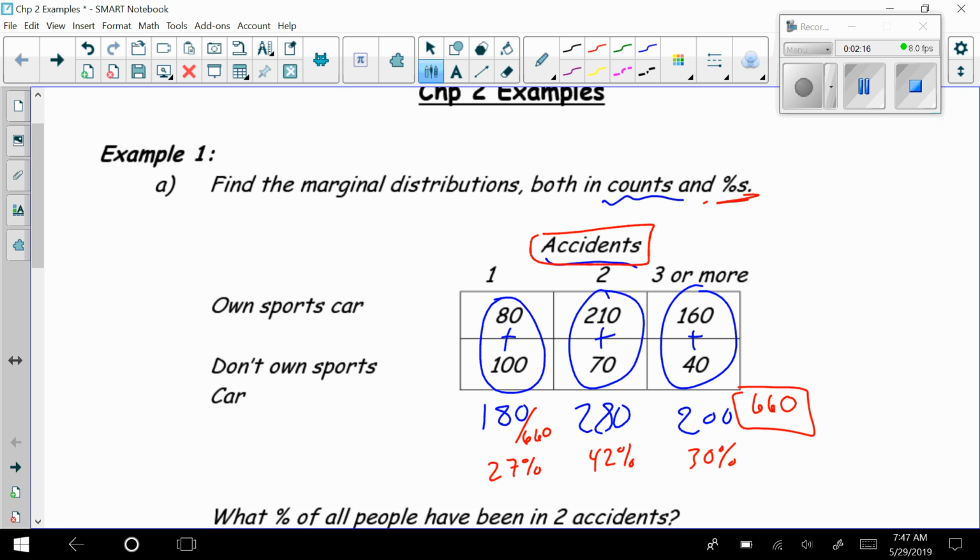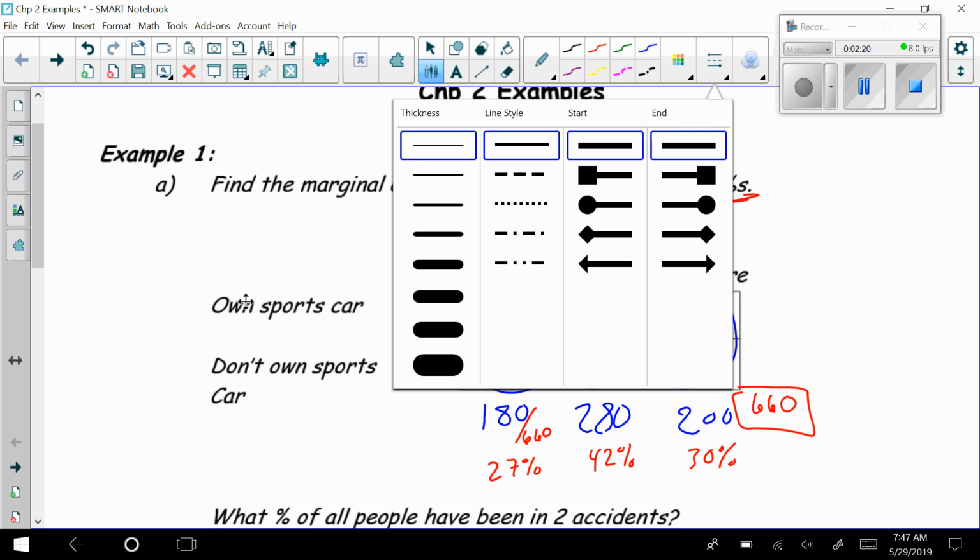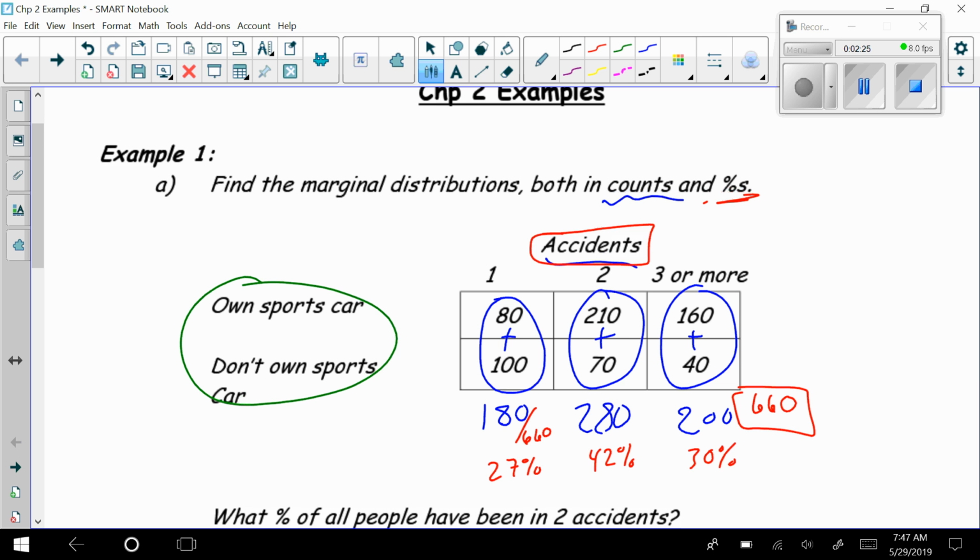We just did the accidents. Now, if I move over and do the sports car, now I don't care about the accidents, so it's like I'm taking these three columns and smashing them all down together into one single column.